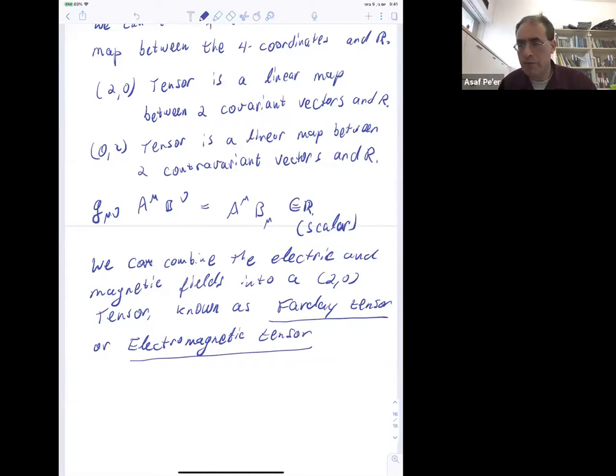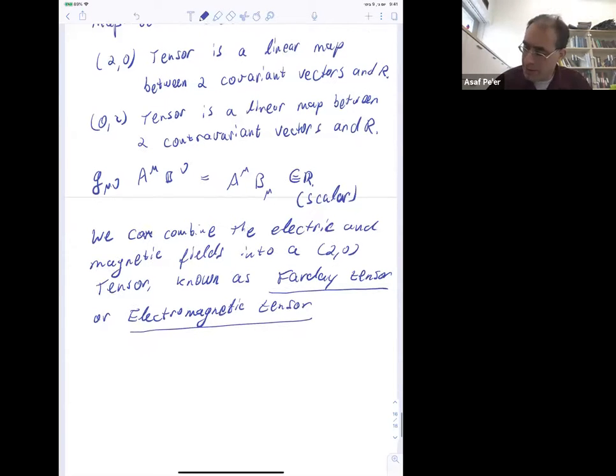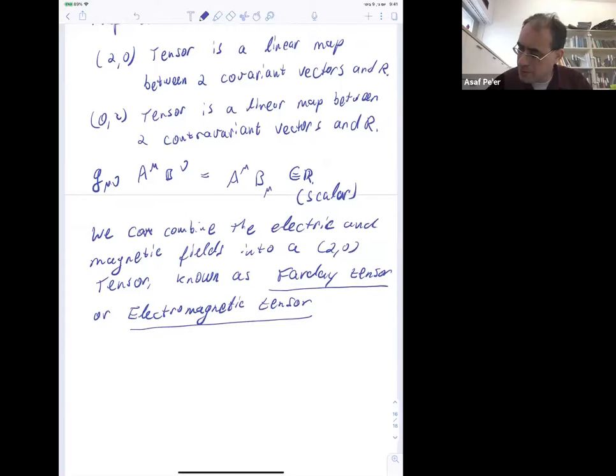Sometimes it's also called the field tensor. It has very, very different names. And because it's a 2-0 tensor, I write it with two upper indices, F mu nu. And it goes the following.